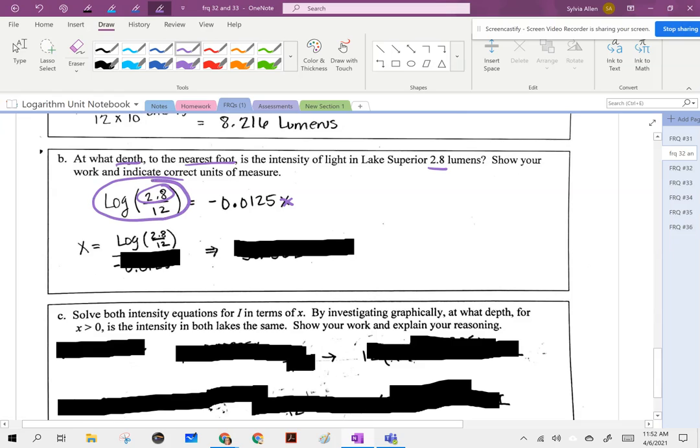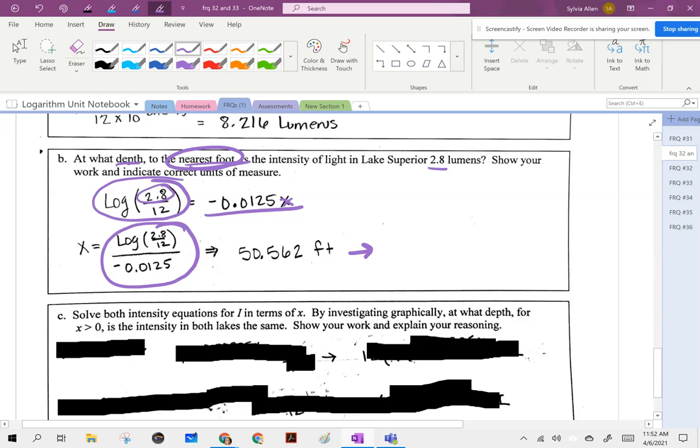So we've got log of 2.8 over 12 divided by negative 0.0125. So we need to put this in the calculator. And then that is going to be 50.562 feet. It says to the nearest foot, so we're going to go with 51 feet.